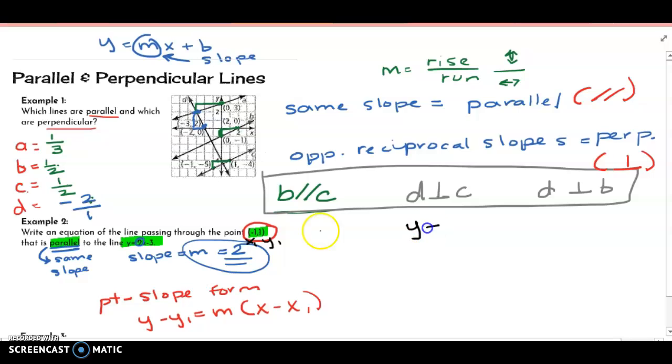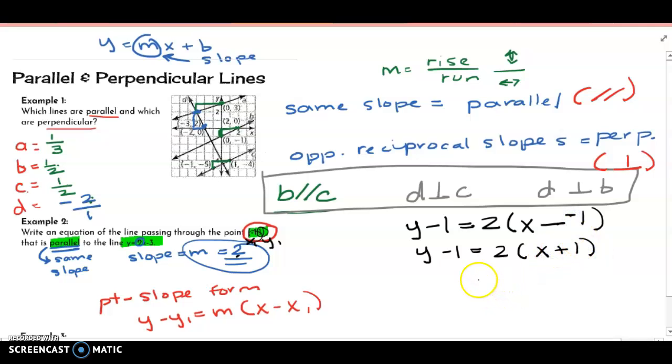So y minus my y1, which is 1, equals my m, which is 2, parentheses x minus my x1, which is a negative 1. Okay, so if I rewrite this, y minus 1 equals 2 parentheses x minus a negative becomes a positive 1.